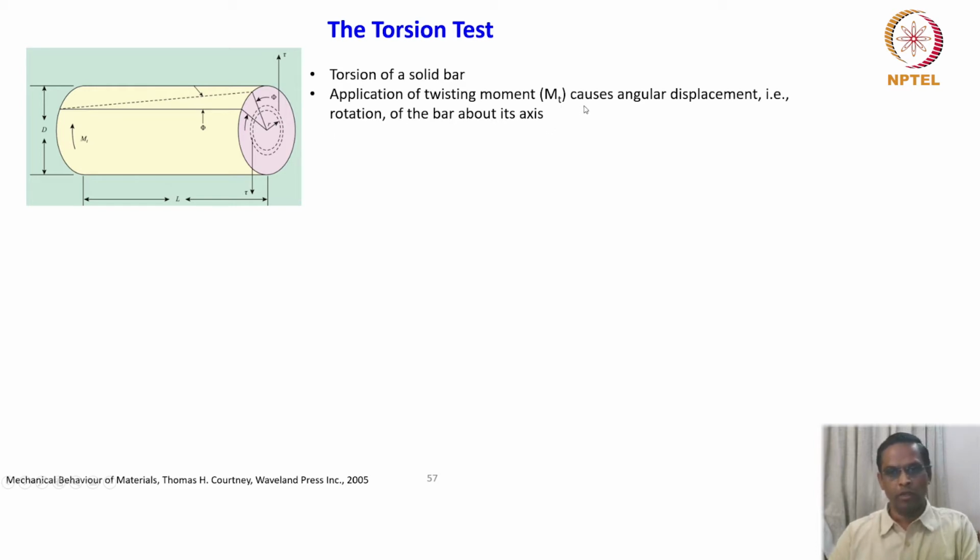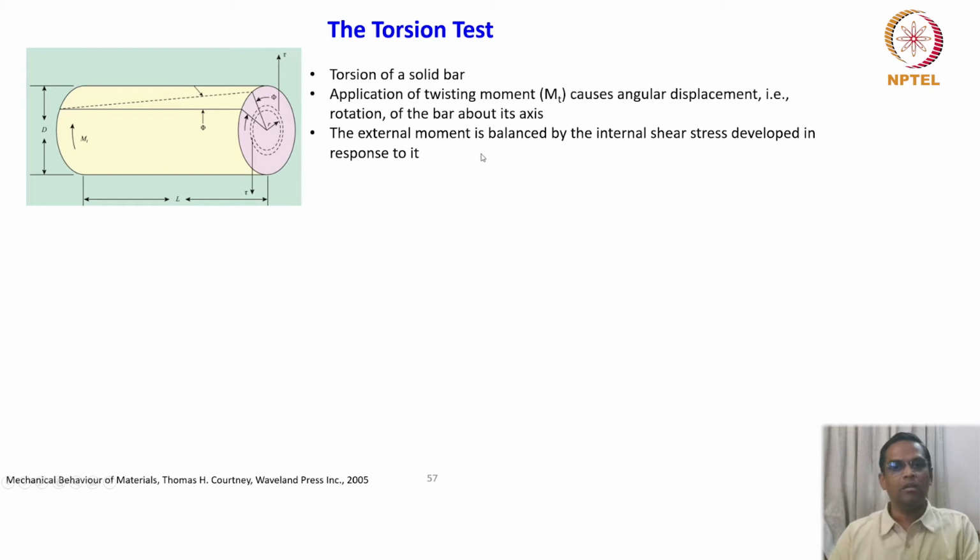Okay, so the twisting moment will have the units of Newton meter, like force into distance, right? That kind of unit it will have, which causes angular movement or angular displacement, I would say, rotation of the bar about its axis. You can see that this is the angular displacement.